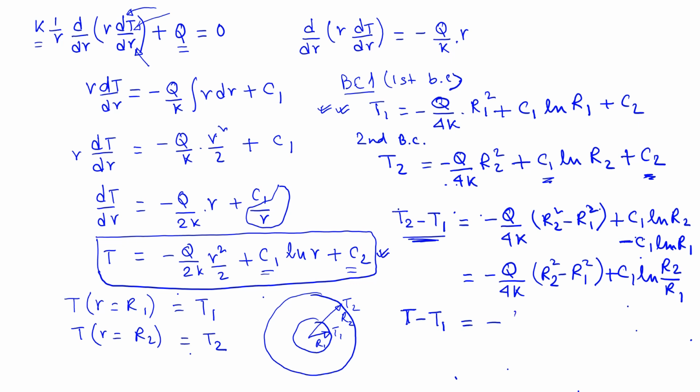So T minus T1 would be minus q over 4k times r square minus r1 square plus c1 natural log of r over r1. We still have these two equations from which we have to find c1.